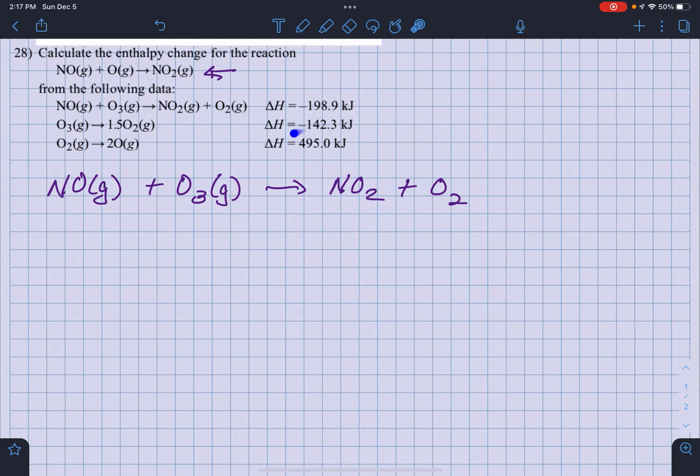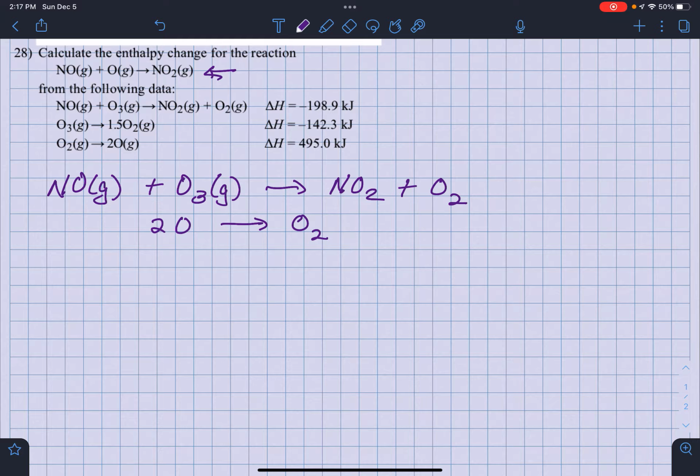It's also going to change the sign of delta H for that reaction. So let's go ahead and do that. We're going to take atomic oxygen generating O2. Now we reverse that, so we're going to come back to that.